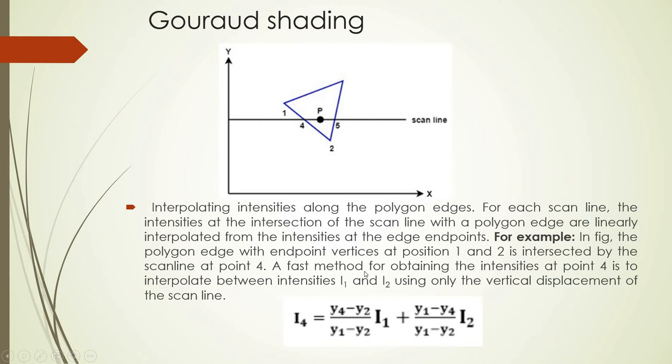A fast method for obtaining the intensity at point 4 is to interpolate between the vertex intensity I1 and the vertex intensity at I2. Using only these two vertical displacements for the scan line, we will calculate the average intensity at this particular position of I4 by using the formula Y4. Now what is this Y4?